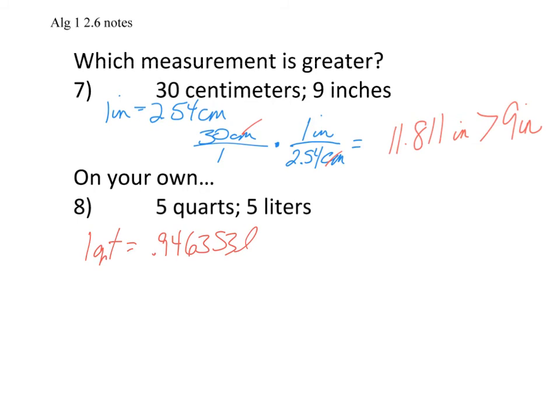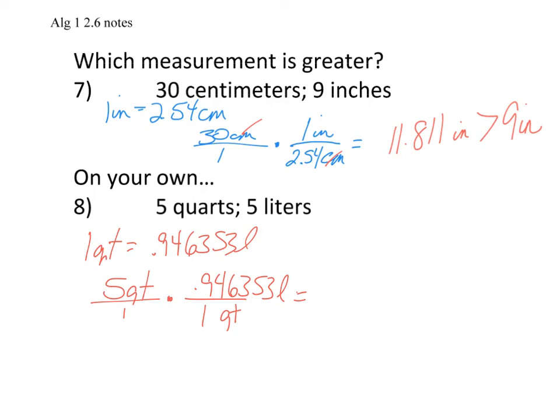So we're going to have 5 quarts. All right. We want to multiply that by something that's going to cancel out our quarts. So I'm going to put that down there. And then I'm going to put this 0.946353 liters right up there.